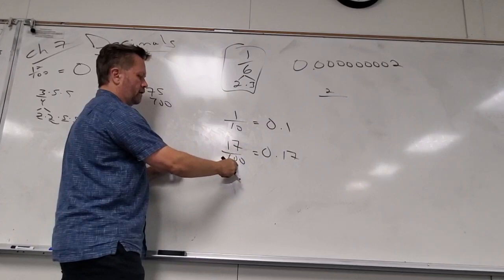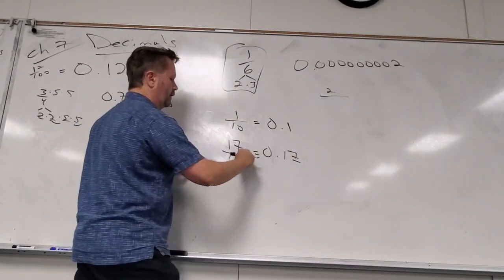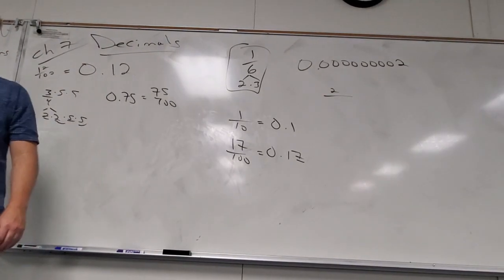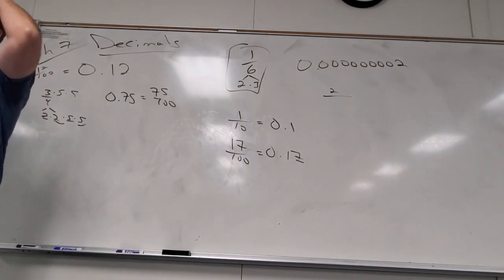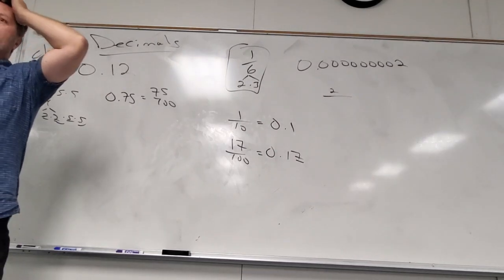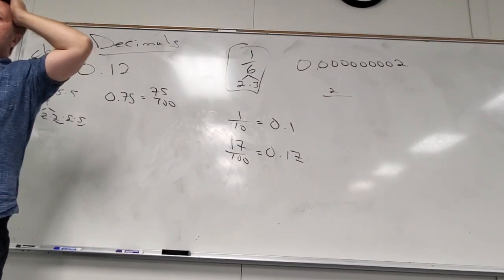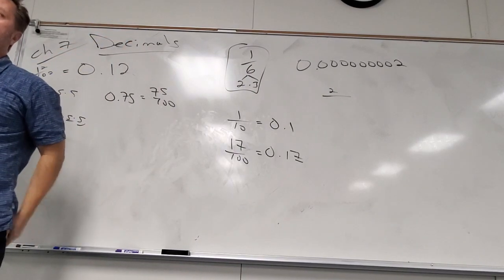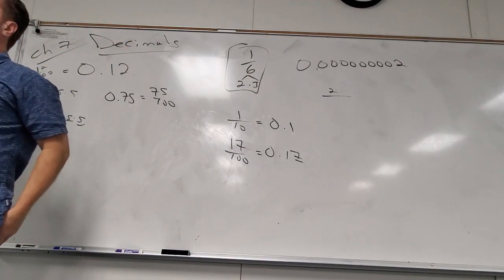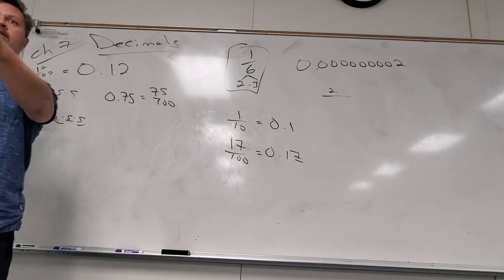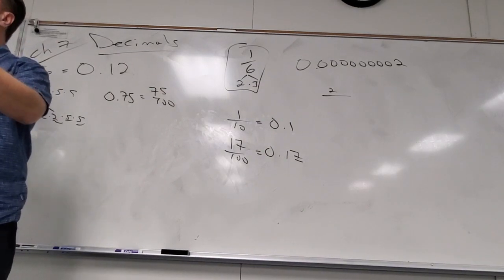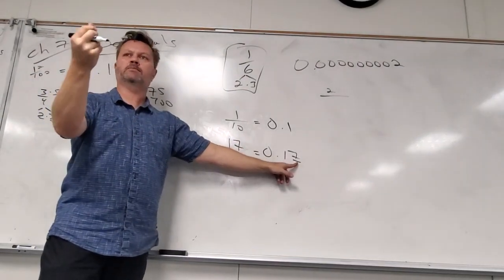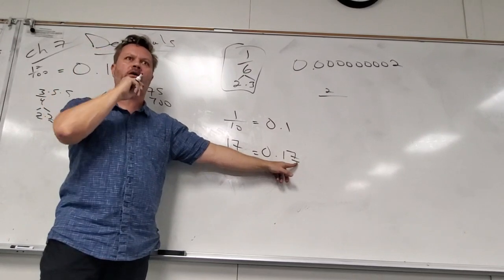This is 17 hundredths, which means the last digit needs to be in the hundredths place. Just like, how do you write 34,000? What number has to be in the thousands place? The 4, right? So the last digit has to be in the place for the word that I'm saying. So for 17 hundredths, the last digit has to be in the hundredths place.